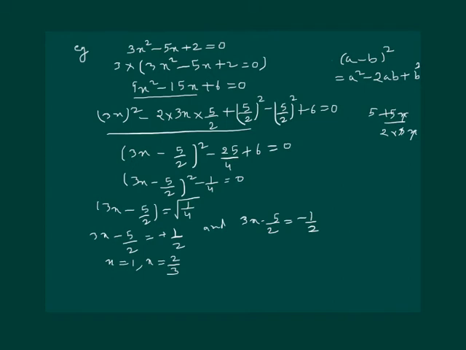There is another method of doing the same question. Instead of multiplying the equation by 3 to make the x square term into a perfect square, we can divide the whole equation by 3 and then also our x square becomes a perfect square. Let's see how we can do it.